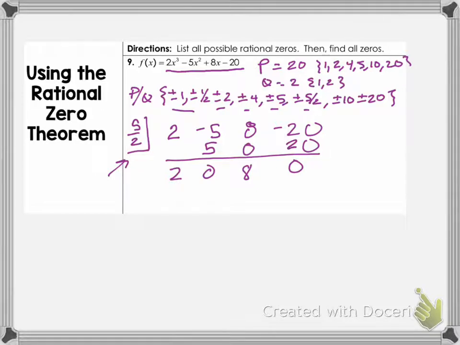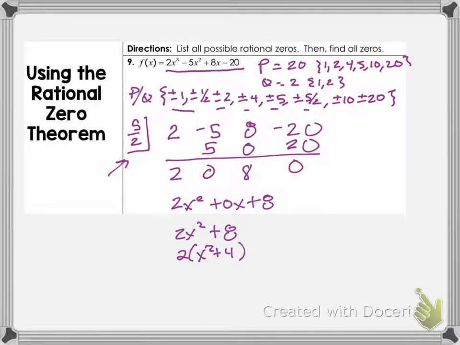So that gives us a reduced polynomial of 2x squared plus 0x plus 8, or 2x squared plus 8. Okay, and so 2x squared plus 8, we can factor out a 2, so we can go 2 times x squared plus 4.